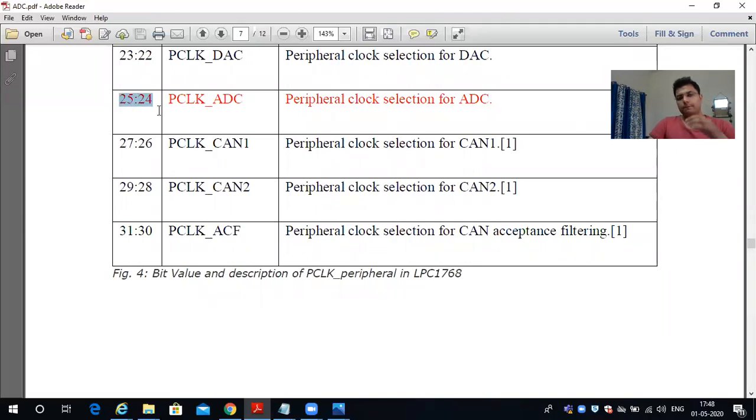So this register, PCLK select register 0, and PCLK select register 1, these are 2 registers which are used for selecting the peripheral clock in relation with the core clock, for the maximum, I think all possible peripherals which can be interfaced with the core.